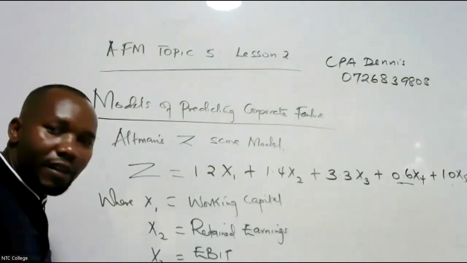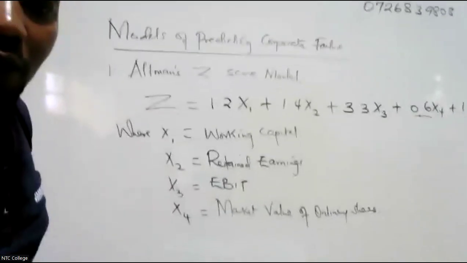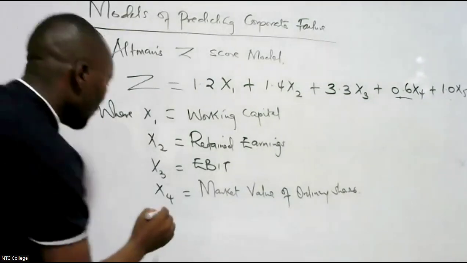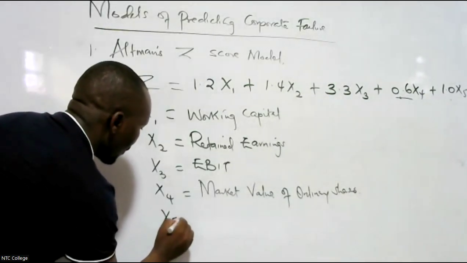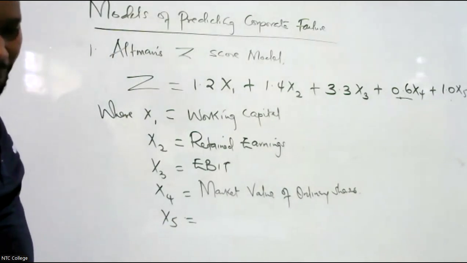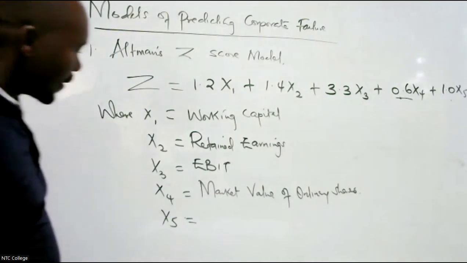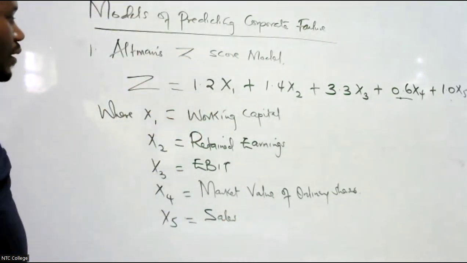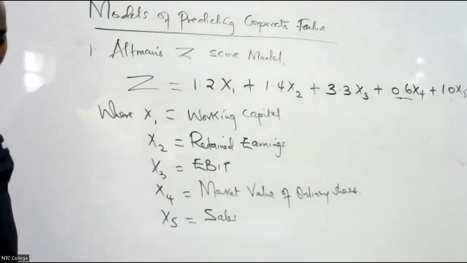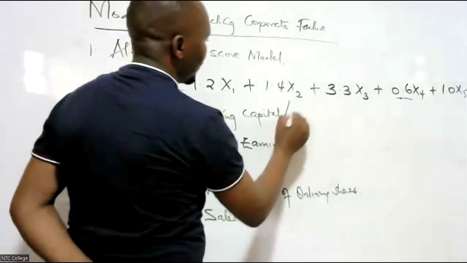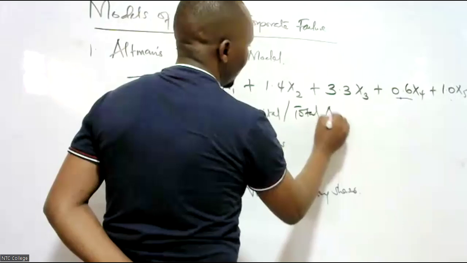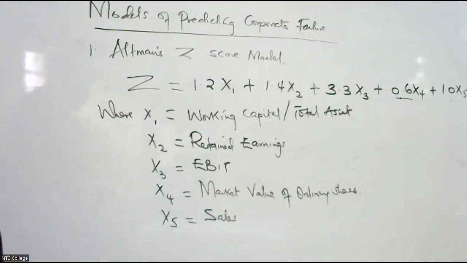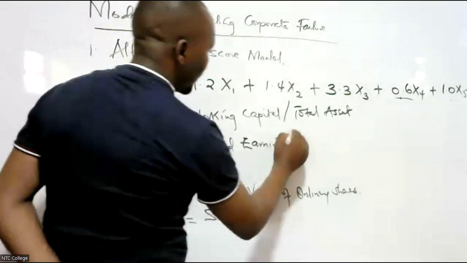Then we have X5, which is the last one. X5 is sales. So the first one is working capital all over total asset. The second one is retained earnings all over total assets.